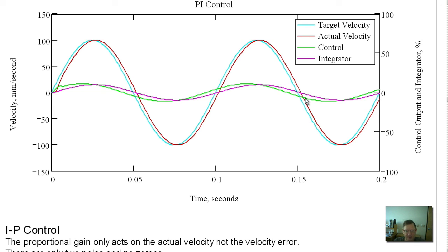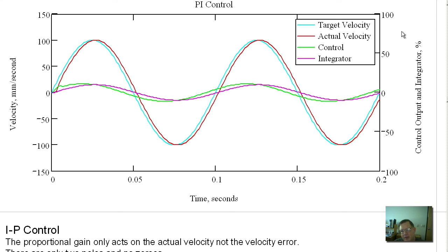So the rate of change in your target generator is going to determine the sample frequencies that you need. For instance, a conveyor line that's always going at a constant velocity doesn't need a very high sample rate. But if you're spinning up something very quickly and then stopping very quickly, where the accelerations are very high, and the frequency components of your target profile are high, you're going to need a high sample rate.